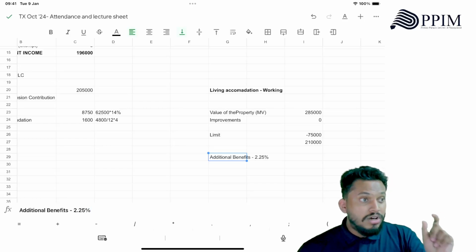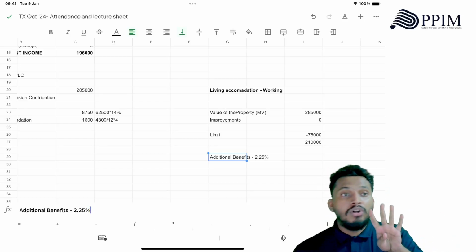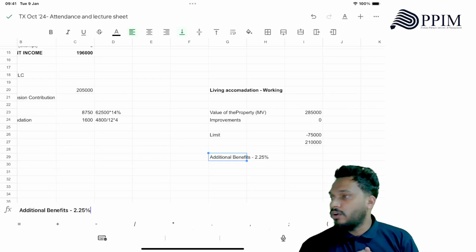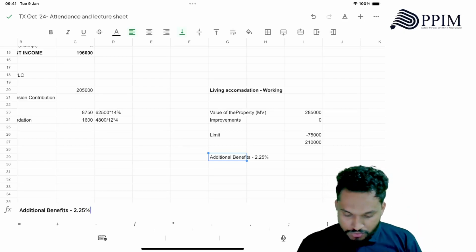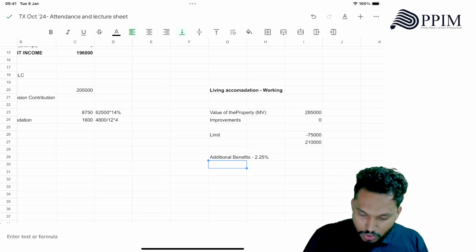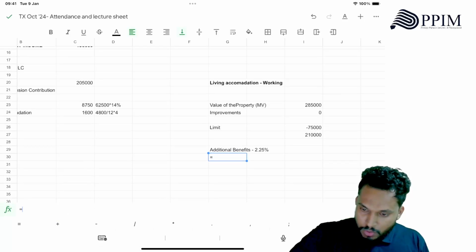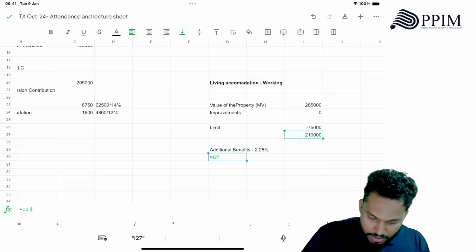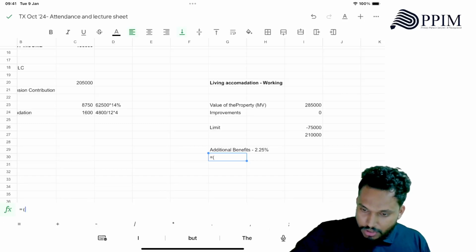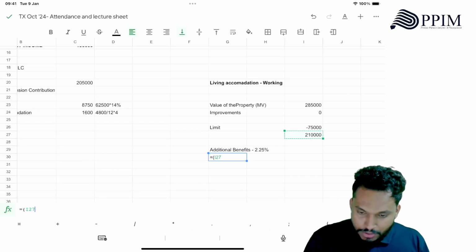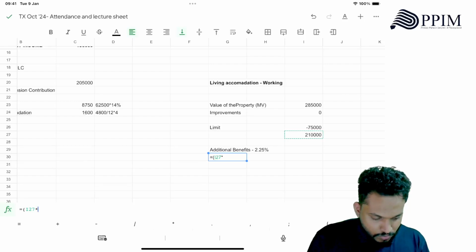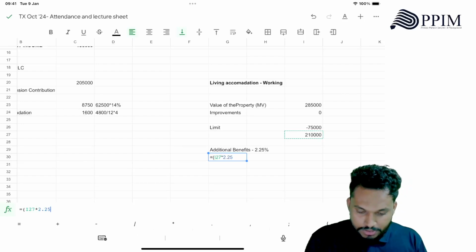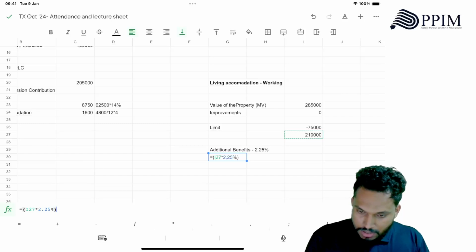Yes, it is annual, but you are utilizing the accommodation only for 4 months. How many months are you living? You are living for 4 months. So which means I need to calculate 210,000 at 2.25%. But that is for how many months? 12.